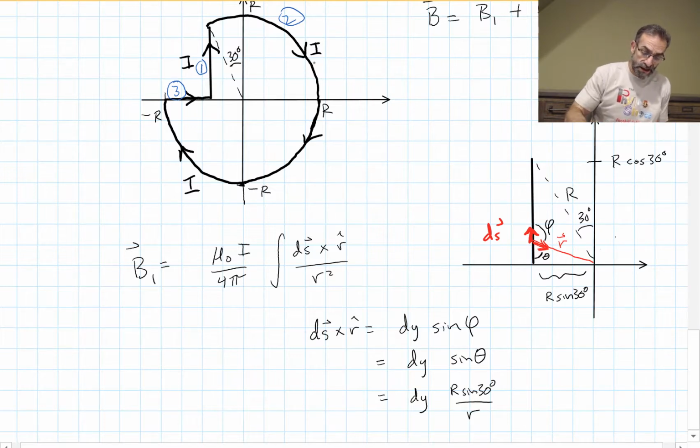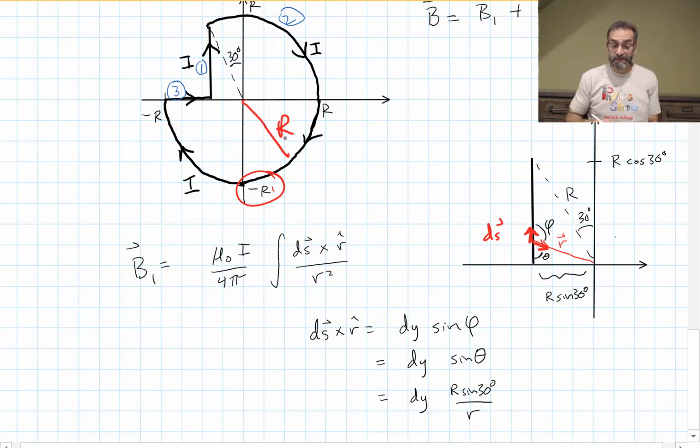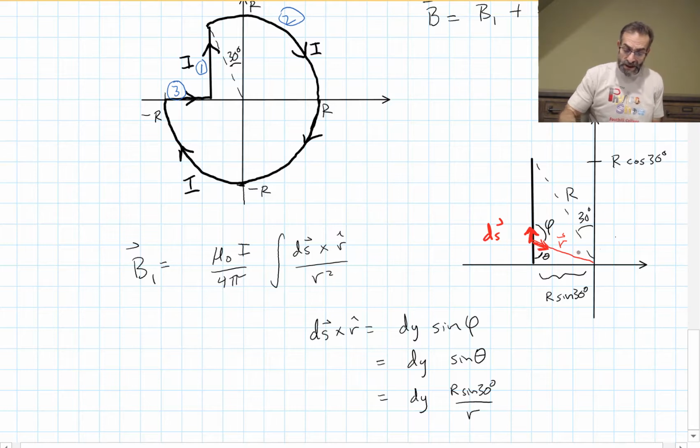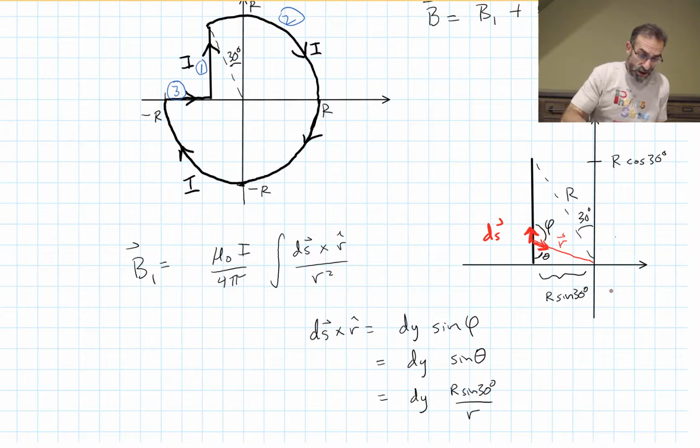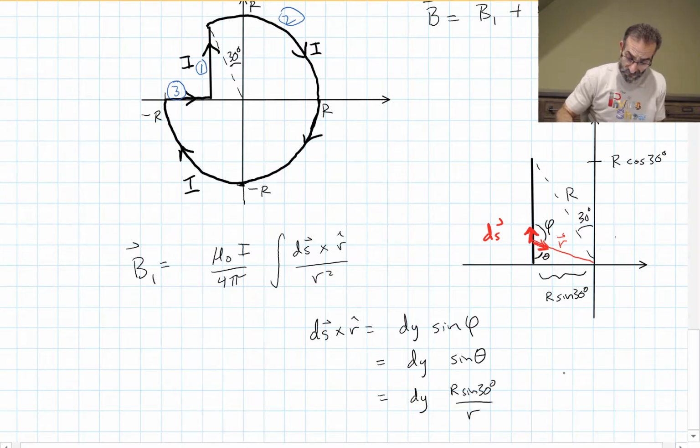It's the radius of this circular path. Lowercase r is our variable, and it changes as we do our integral. Of course, the sine of 30 degrees is just 1/2, so I can rewrite this.